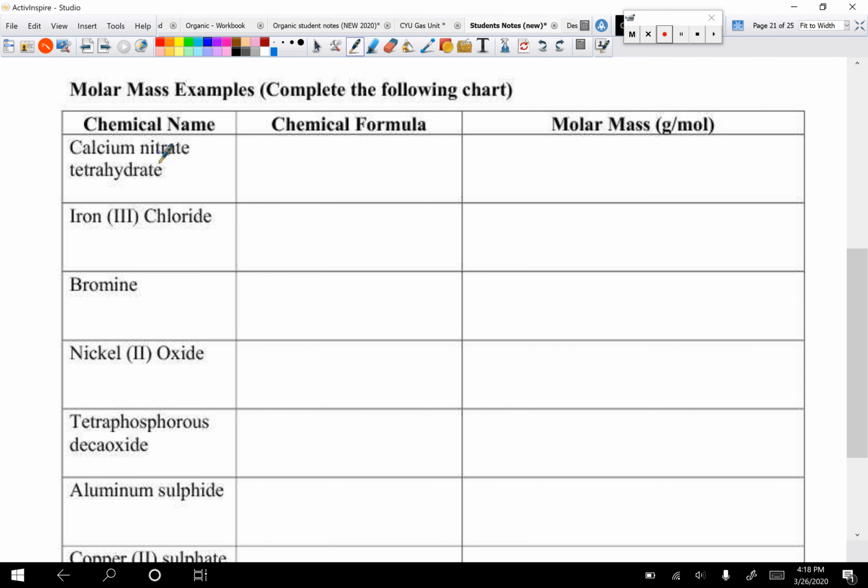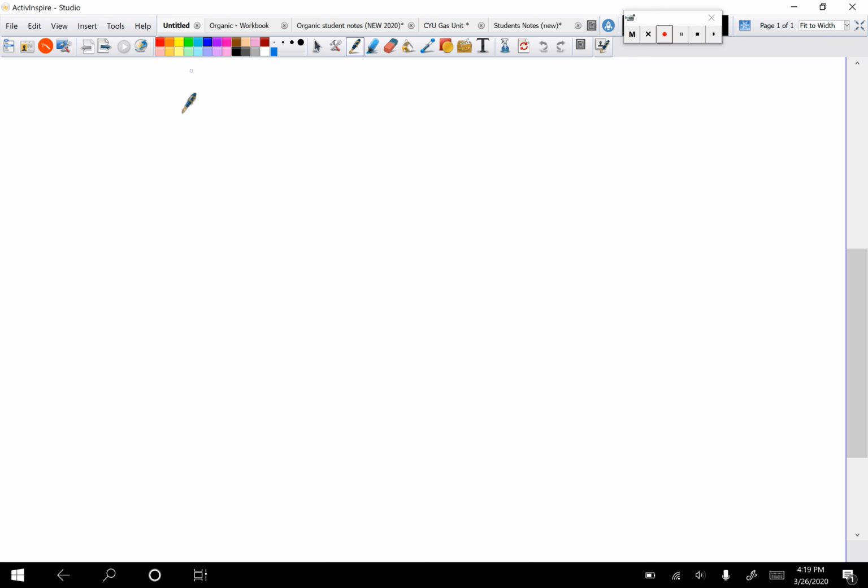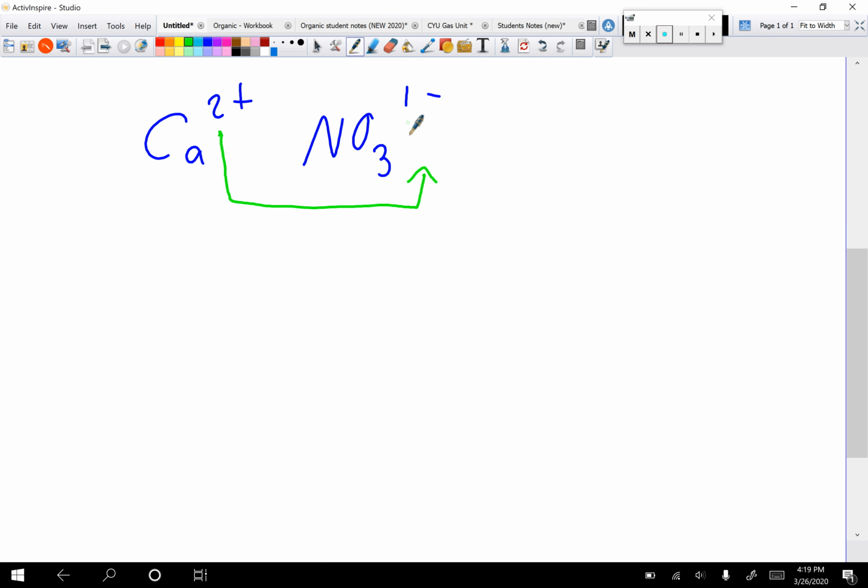So remember, calcium nitrate, we have to look at the periodic table. Calcium ion is Ca2+, nitrate is NO3 1-. You're going to have to drop and swap, so the 2 drops from the calcium and goes in front of the nitrate. The 1 from the nitrate drops and swaps in front of the calcium. So you get Ca1, which we never write, and then we have 2 nitrates.